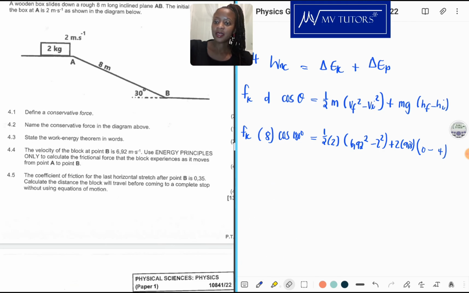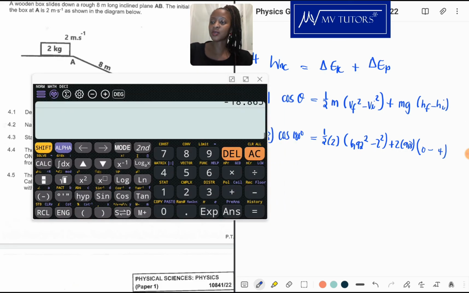Alrighty, so now our only unknown in this formula would be the force of friction. So let's just put everything in the calculator. So we have a half times 2 times 6,92 squared minus 4 plus 2 times 9,8 times negative 4.